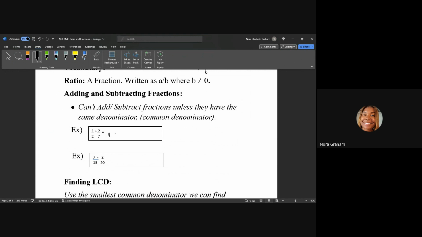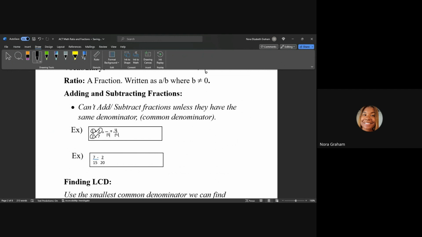All right. And then since I have both those the same, I just literally cross multiply to get my numerators. So that's 2 times 2, that's going to give me 4. And then I cross multiply this way again.